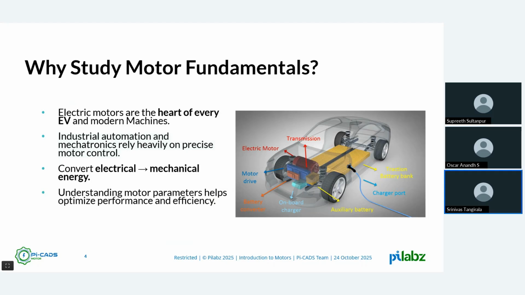We'll also cover a bit of the control systems for the motor. So basically, we'll be covering the design of motors, the parameters that control motor efficiency and performance, as well as the control system. So for both mechanical engineers and electronics engineers, you will find this interesting. Yeah, carry on, Oscar.